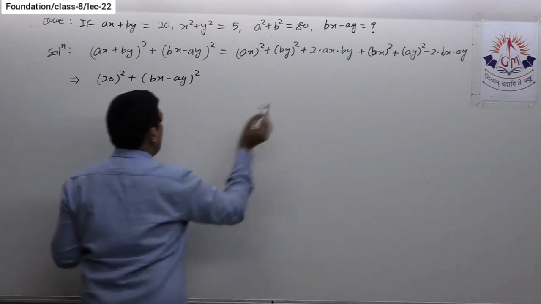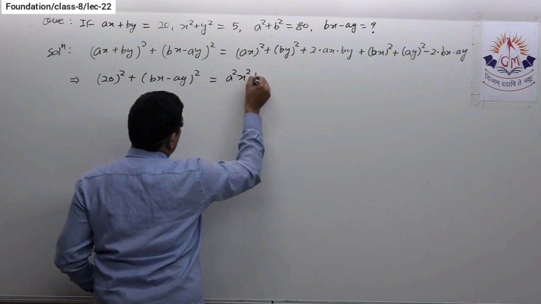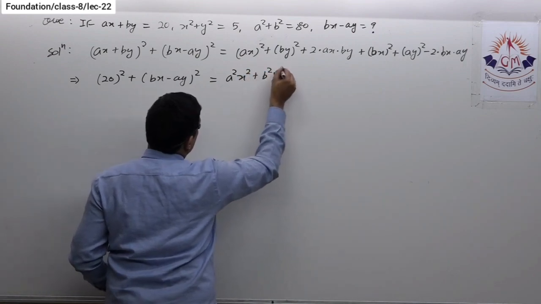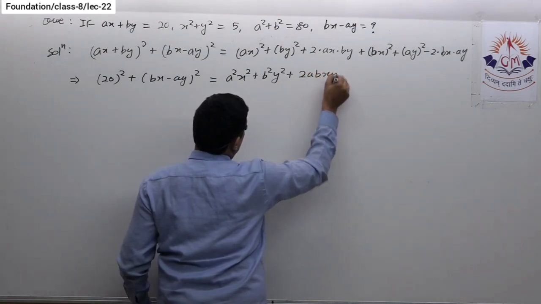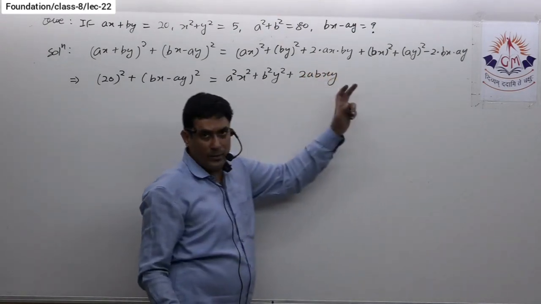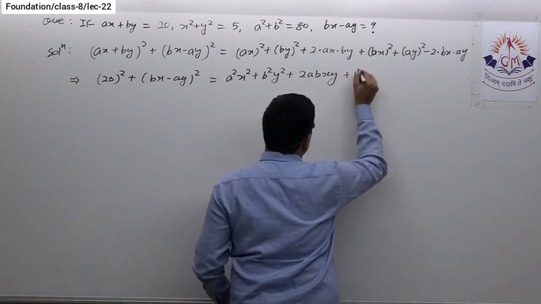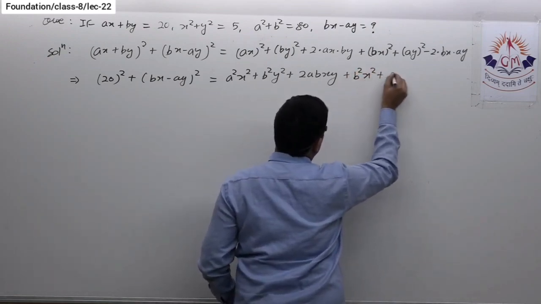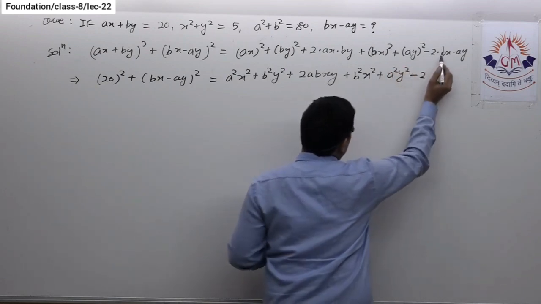Now on the right hand side, this gives me a square x square plus b square y square plus 2ab xy. All are in multiplication, so I wrote 2ab xy. Over here, b square x square plus a square y square minus, this is again 2ab xy.